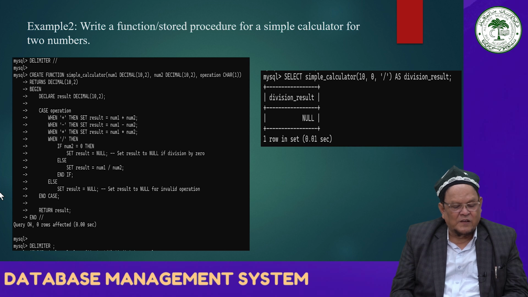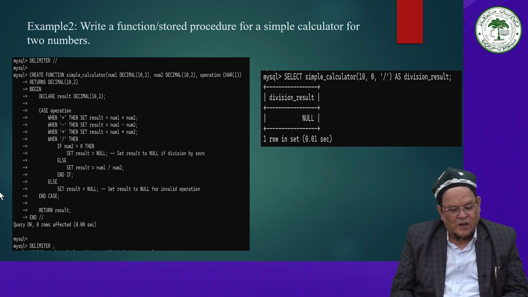When slash, if num2 is equal to 0, then set result to NULL, else set result = num1 / num2. And for any other invalid operation, set result to NULL.